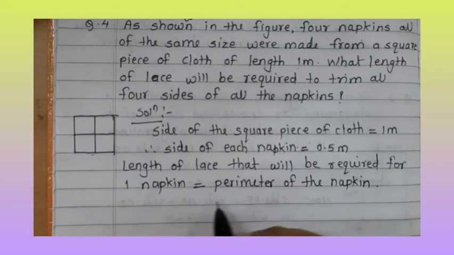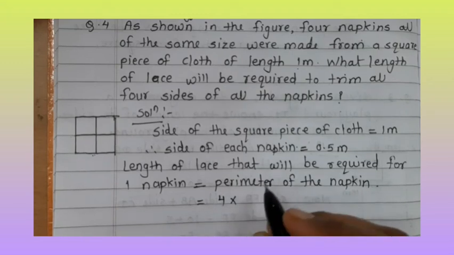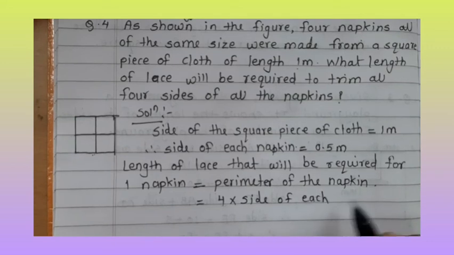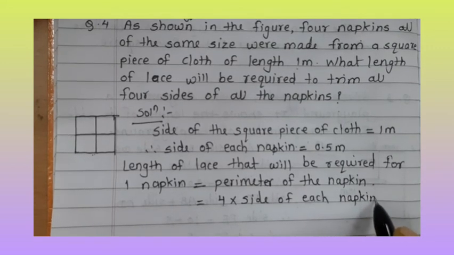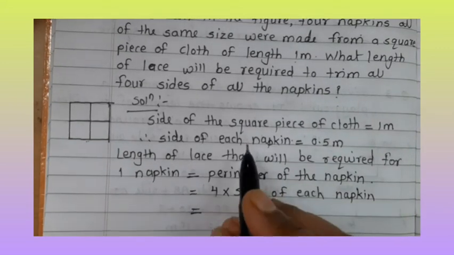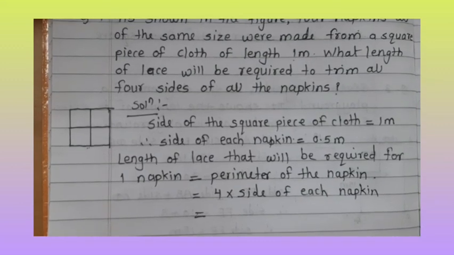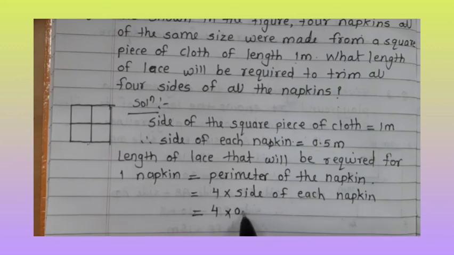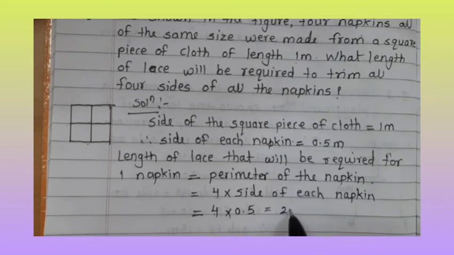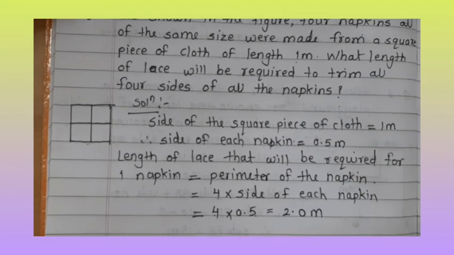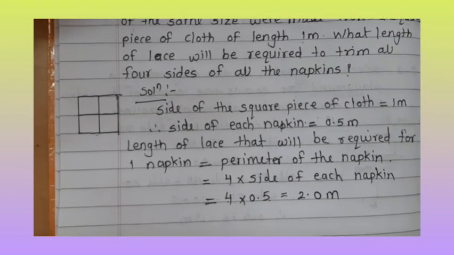Okay student, so that is equal to 4 times side of each napkin. Okay student, now that is equals to 4 times 0.5. So how much it is? 5 4s are 20, so 2.0, so it will become 2 meter. Understood student? Any doubt, any difficulty?